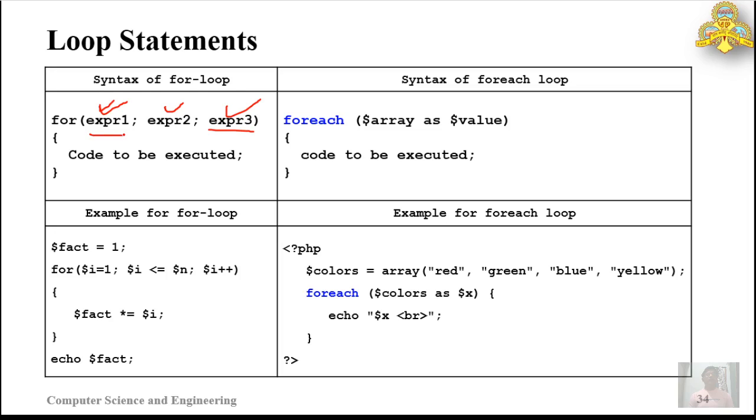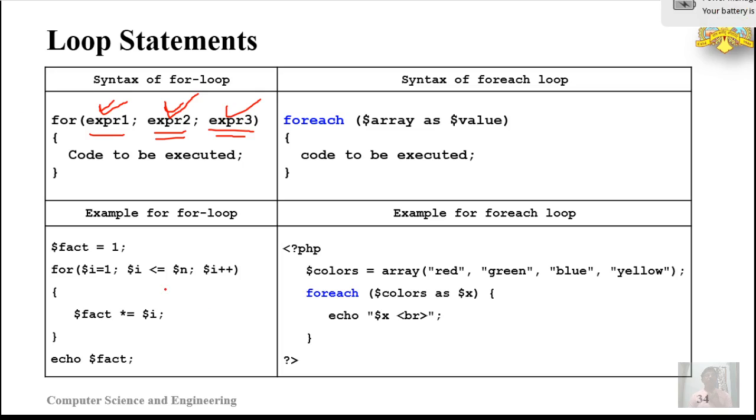Expression 1 is usually an assignment statement, and expression 3 is the continuation logic, that is how the counter variable is incremented or decremented. And expression 2 in between will be the Boolean expression which decides whether the for loop should be continued or not.